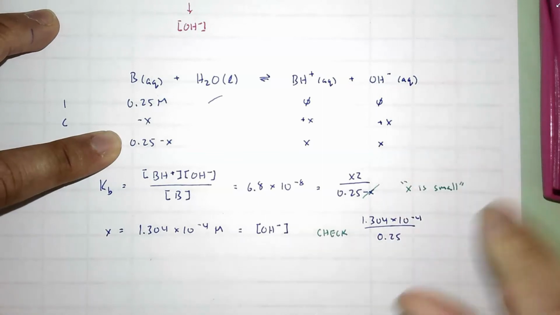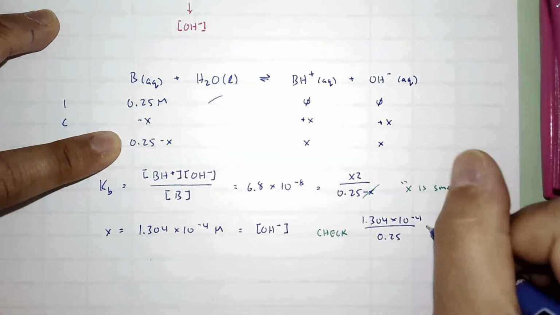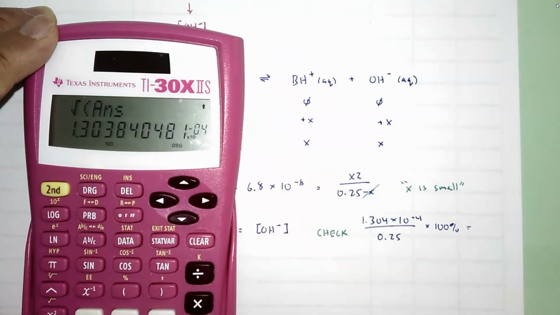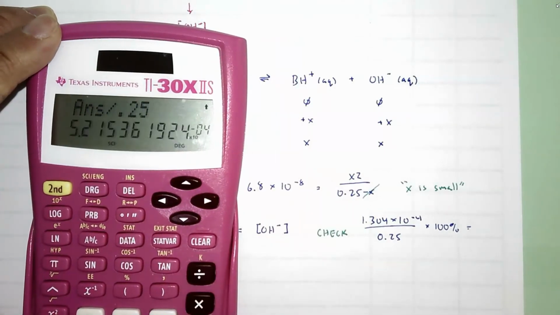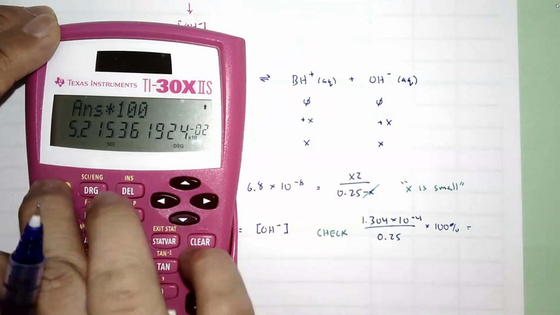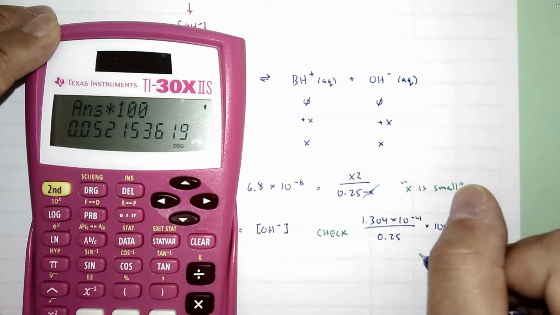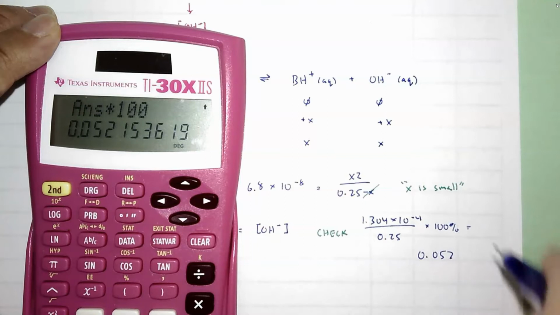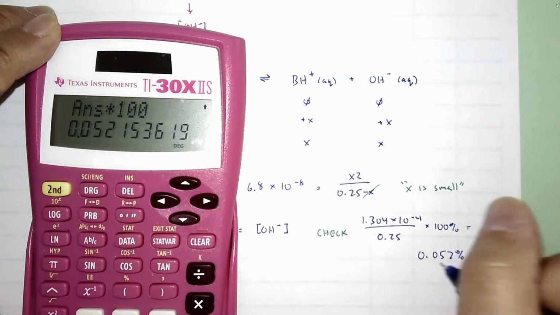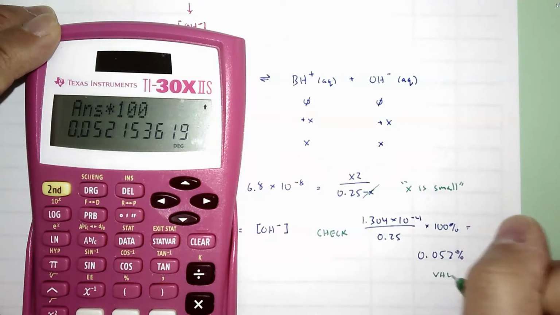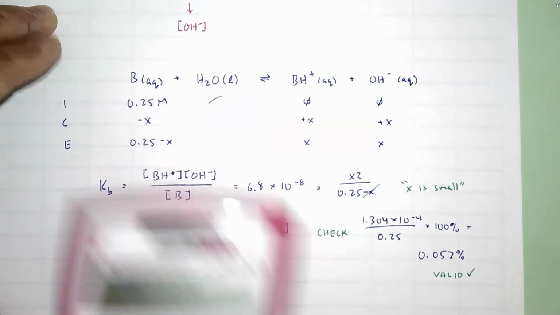So you divide by the initial concentration times 100%, so divided by 0.25 times 100. Let's get this out of scientific notation so we could literally see that it is 0.052, and it's already a percent because I multiplied by 100%. That is definitely less than 5%, and therefore I'm going to say valid.